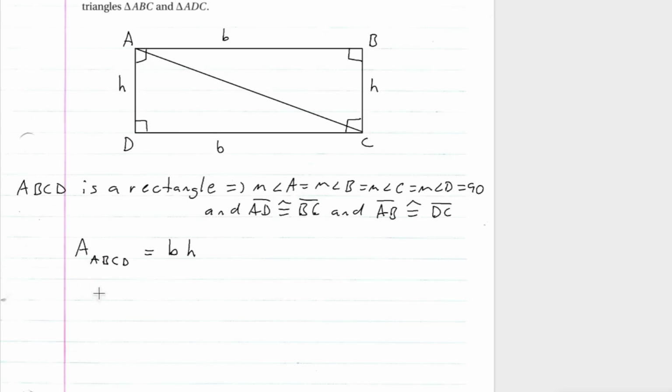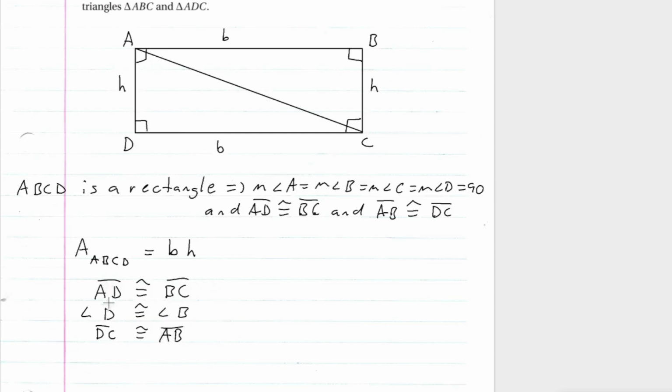So we're going to prove that both of these triangles are congruent. We have AD is congruent to BC, and we have angle D is congruent to angle B, and we have DC is congruent to AB.